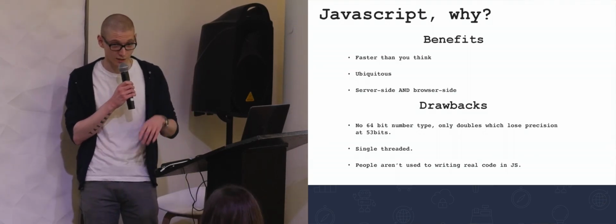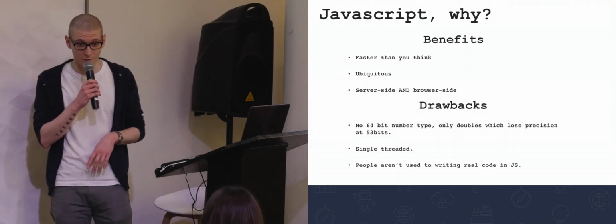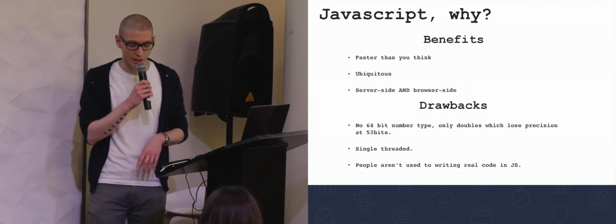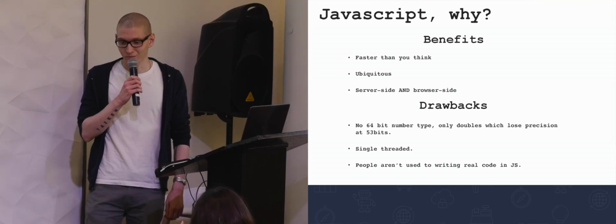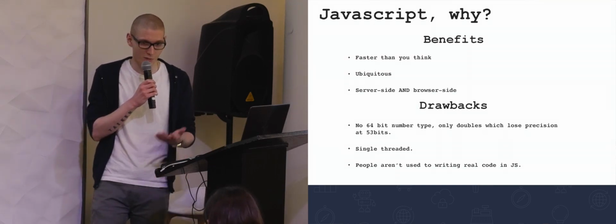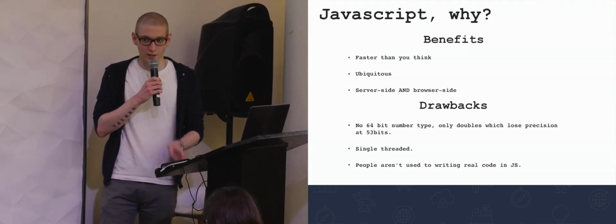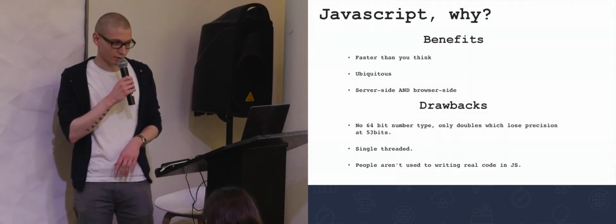It's faster than you think. It's actually pretty damn fast, which is surprising because JavaScript is such a dynamic language. On benchmarks, it can't compete with, say, Go or something. You can maybe come close in select benchmarks. But it'll beat the hell out of Ruby or Python or something.